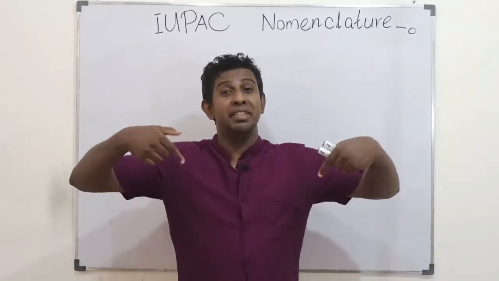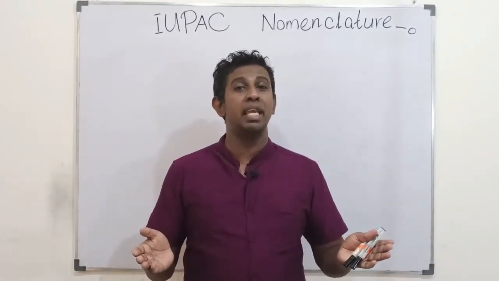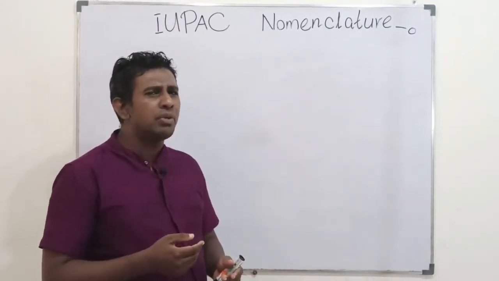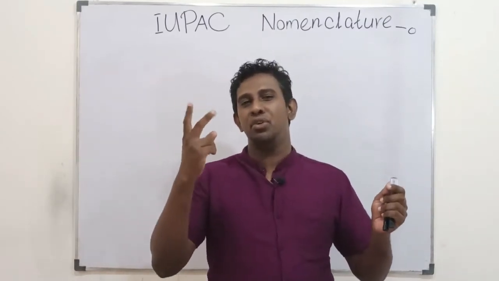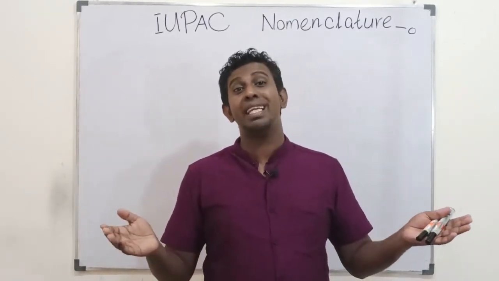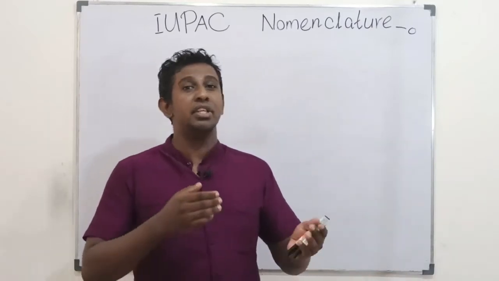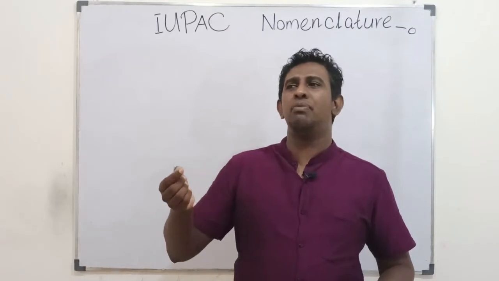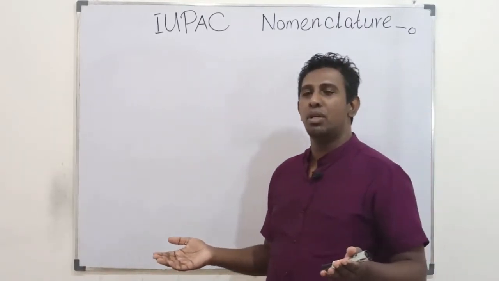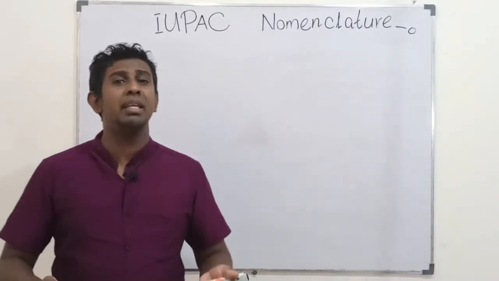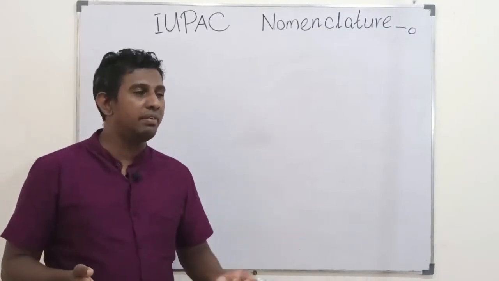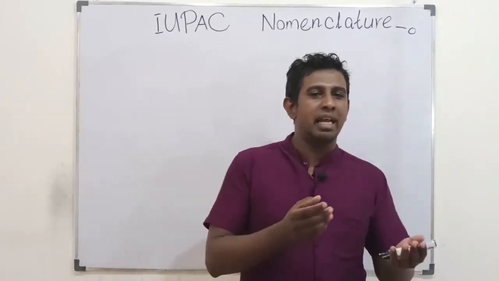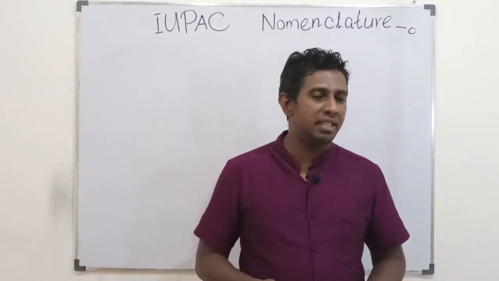Students, in this lesson we are going to talk about the IUPAC nomenclature with some examples. In our earlier two videos, we first looked at the set of rules in IUPAC nomenclature. So we found out how we could name a compound when an organic molecule is given, based on its functional groups and the number of carbons within the chain.